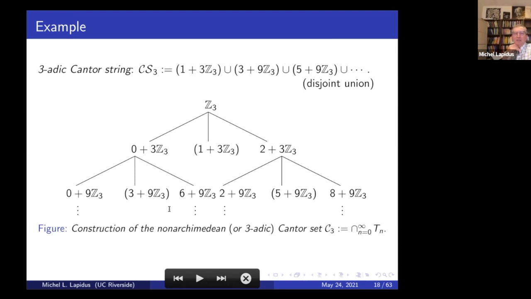And you keep them at each stage to construct the triadic Cantor string. You delete them to construct the triadic Cantor set. So the non-Archimedean or triadic Cantor set, C3, is the intersection of those intervals that you would keep after having deleted the middle thirds.